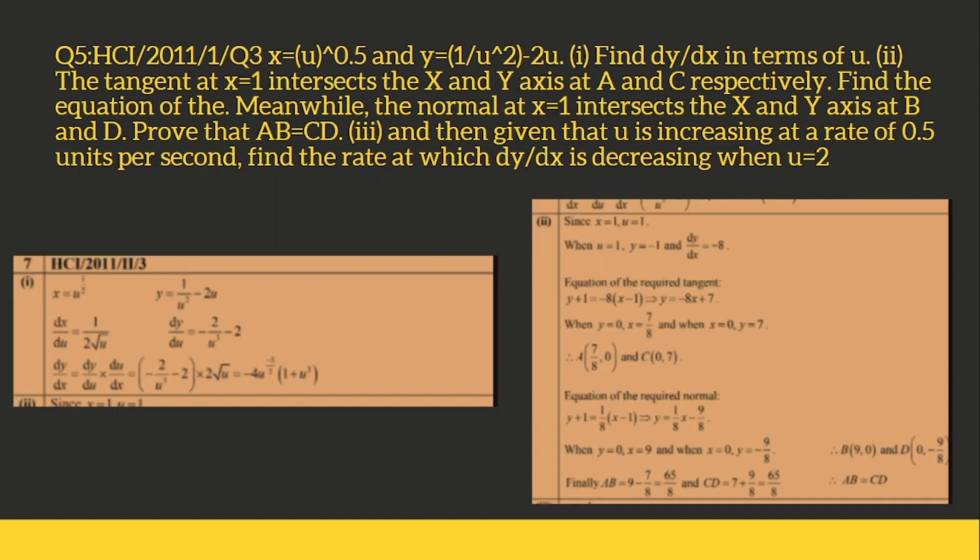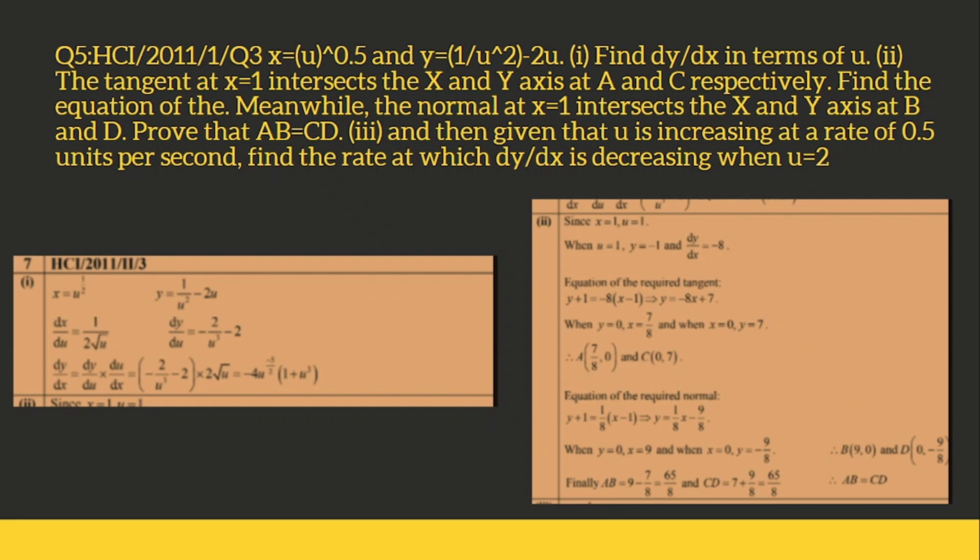Then for the last question, they give you x equal u to the power half, and then y equal 1 over u squared minus 2u. So the first part is find dy/dx in terms of u. The second part is that the tangent at x equal 1 intersects the x and y axes at A and C, find the equation of the tangent.